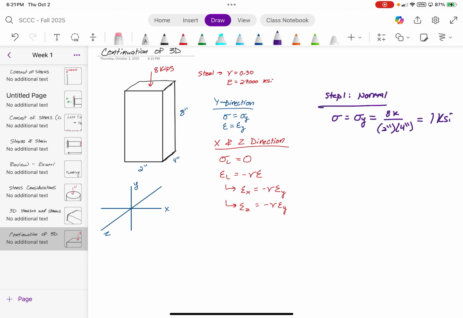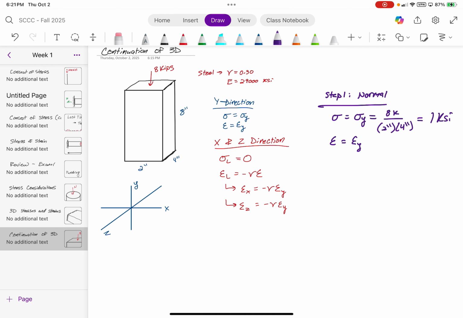Now, if we wanted a normal strain, which is the strain in the y direction, how would we calculate that? Joseph.